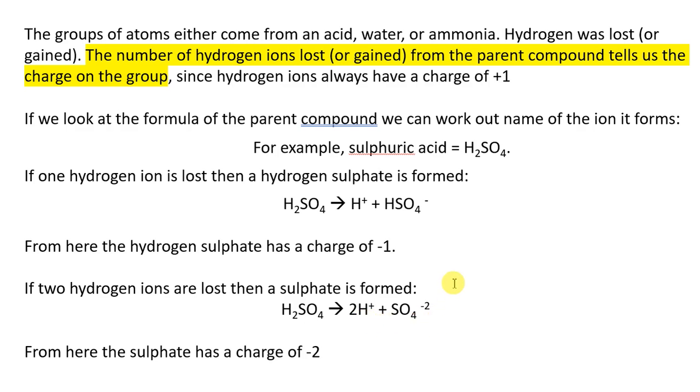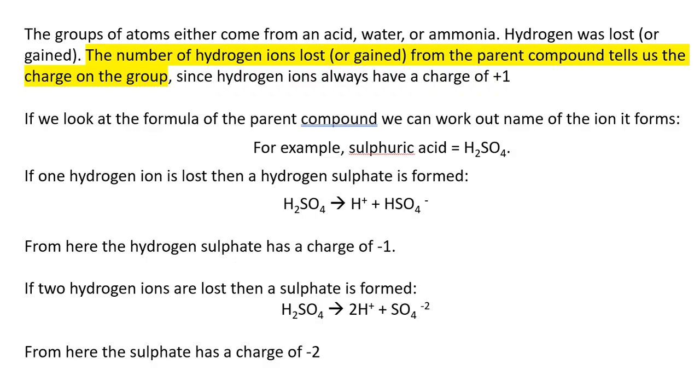If two hydrogen ions are lost, a sulfate is formed. No mention of hydrogen anymore because it's not present in the sulfate group. There's my sulfate group. And if two hydrogen ions were lost as H+, from neutral H2SO4, then what's left must have a charge of -2. My sulfate group has a charge of -2.